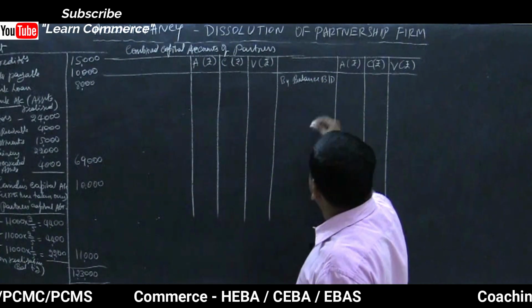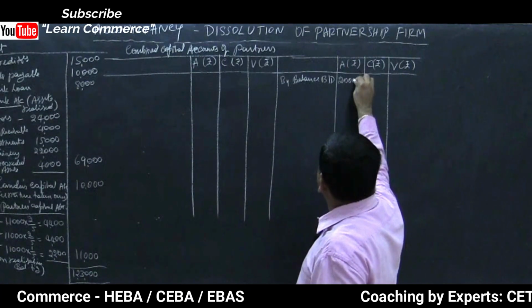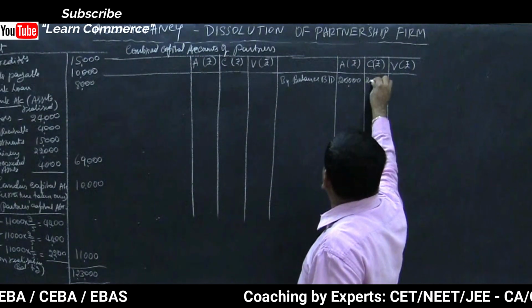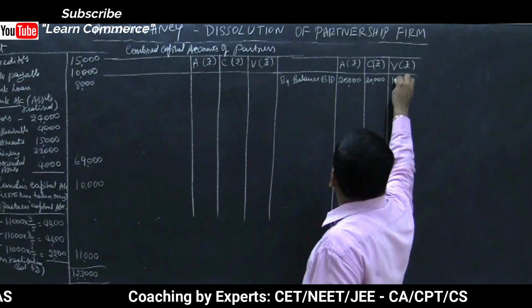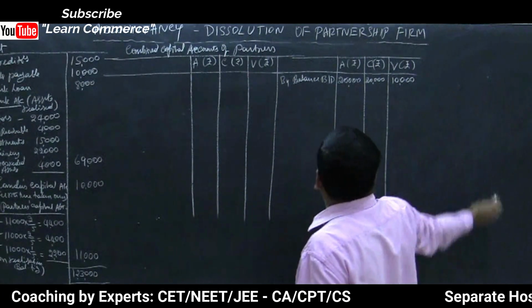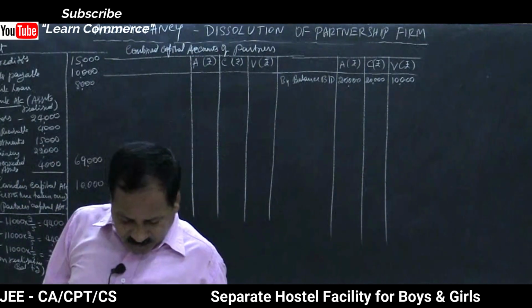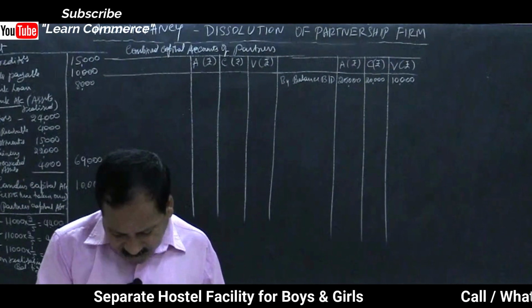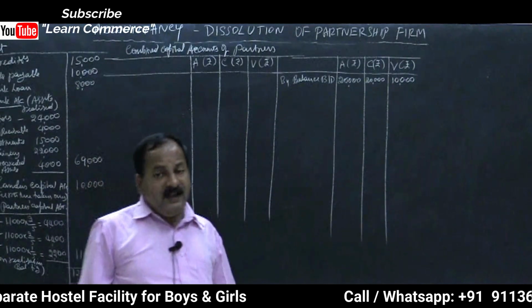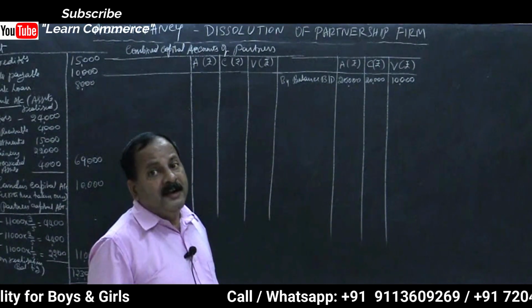20,000, 20,000 and 10,000. Then what next? There is a profit and loss account on the liability side, which means accumulated profit.